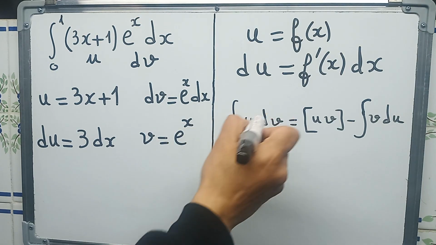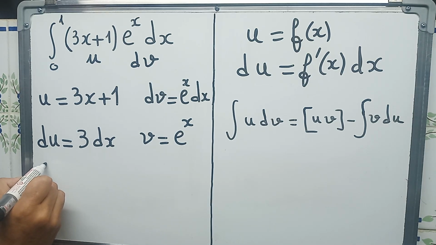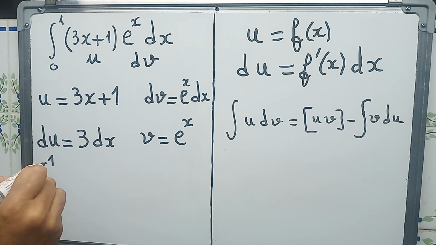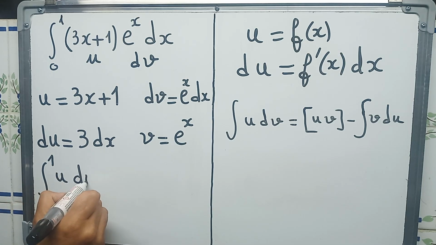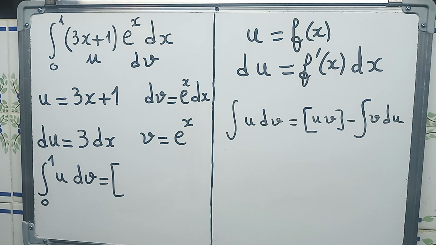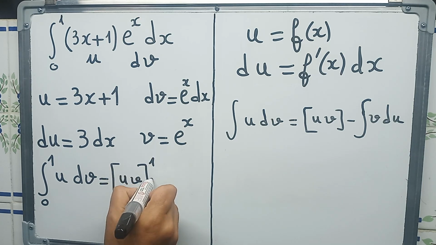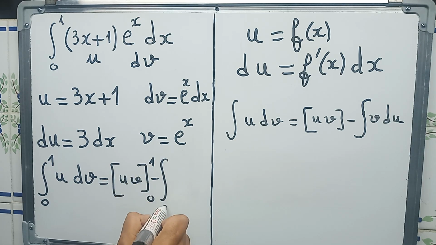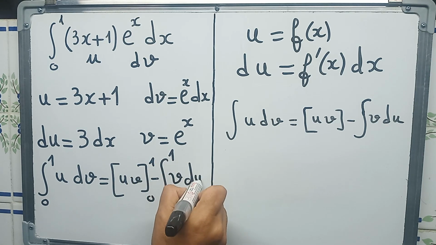Now, back to our formula, we write our integral from 0 to 1 of u dv, which is the evaluation of uv between 0 and 1 minus the integral from 0 to 1 of v du.